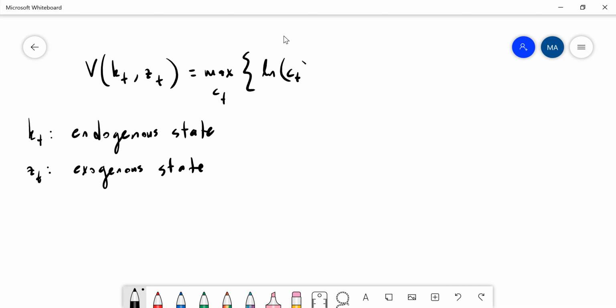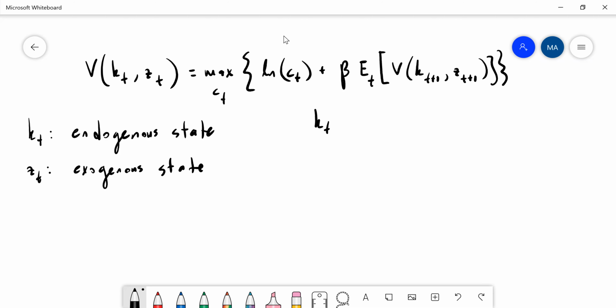So I have ln CT plus beta. Now careful, the continuation value at T will be written only in expected value terms, because I do not know epsilon T plus 1. So your KT plus 1 will be equal to e to the ZT lambda KT alpha minus CT.